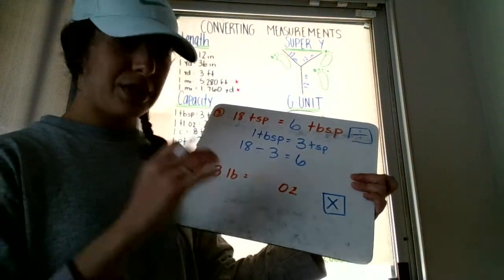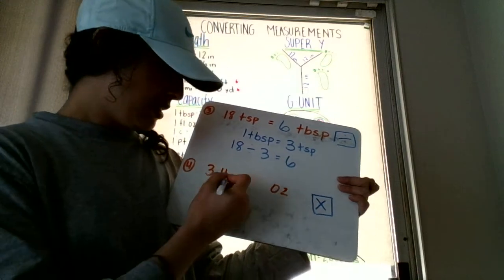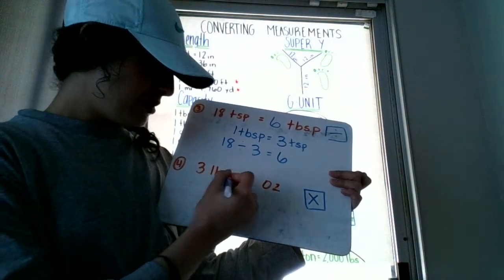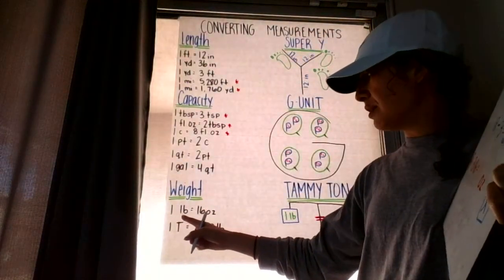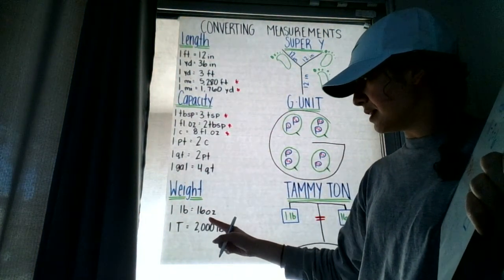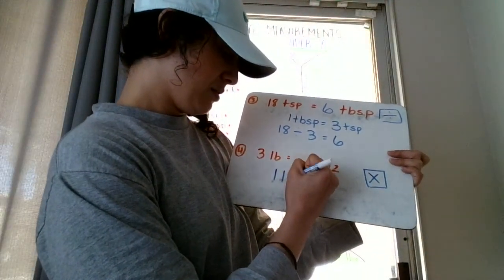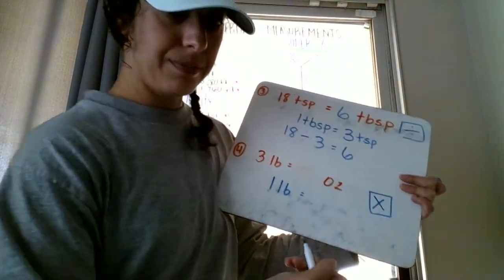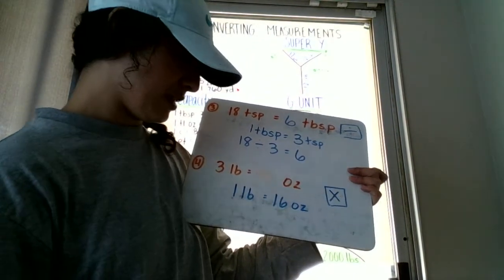Okay. So now here's that thinking part, that really important part to every problem. So pounds and ounces. Let's look at my chart. In 1 pound, I have 16 ounces.